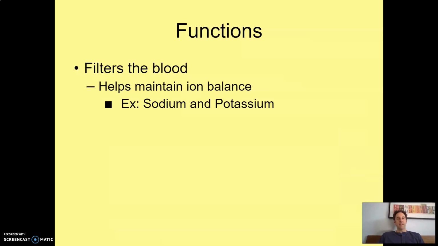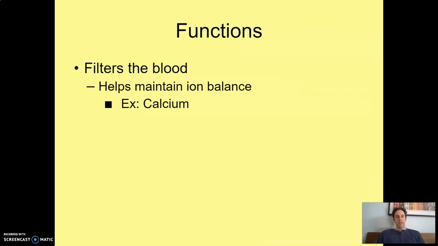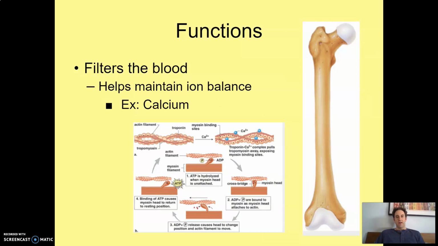It also helps maintain ion balance. And we've talked about these ions a lot. So sodium and potassium, we need to make sure there's proper levels so that your nervous system can function because these are central to firing action potentials. Calcium ions need to be balanced because they're found in your bones and they're used by your muscles for muscle contraction and that sliding filament.